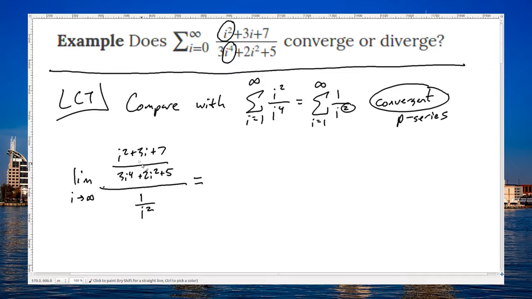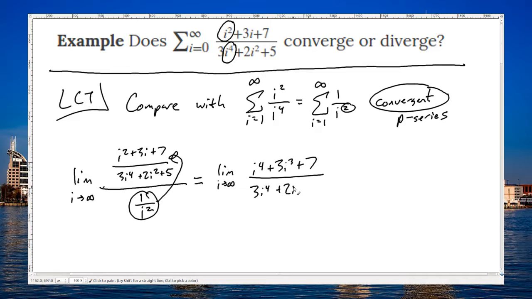So basically I just need to multiply the top by i squared. I flip the bottom, multiply it on the top. That gets me i to the fourth plus i cubed plus 7 over 3i to the fourth plus 2i squared plus 5. And if I factor out i to the fourth on the top and the bottom, cancel, I end up with 1 plus 3 over i.